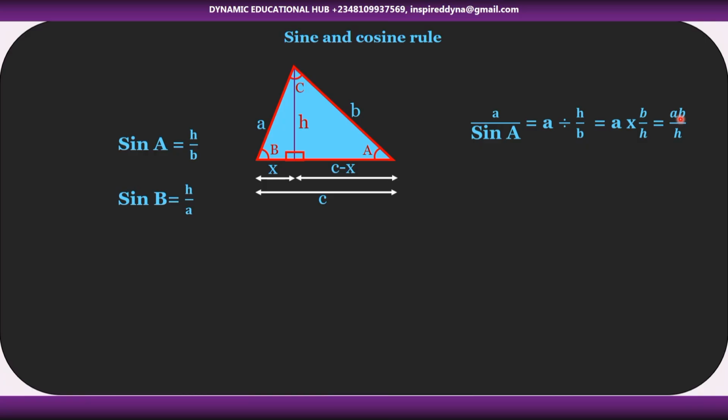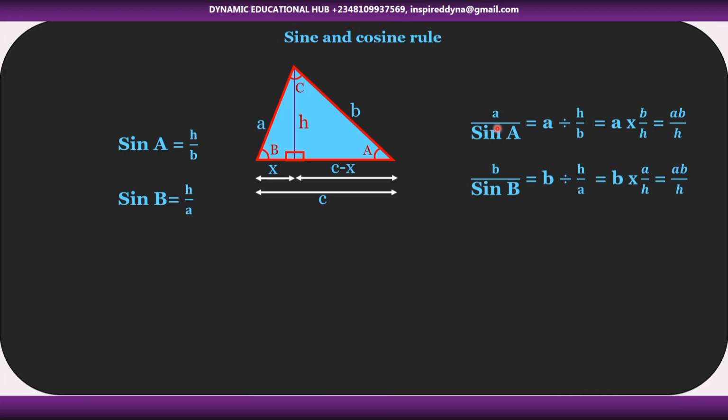Let's find another expression for sine B here. Now what do we want to do? We want to find B over sine B. For B over sine B, you have your B divided by, what is sine B? H over A. And that gives you B multiplied by, find the reciprocal of this, that will give you A over H, which is B multiplied by A over H. B multiplied by A here, you have AB over H. Now look at it.